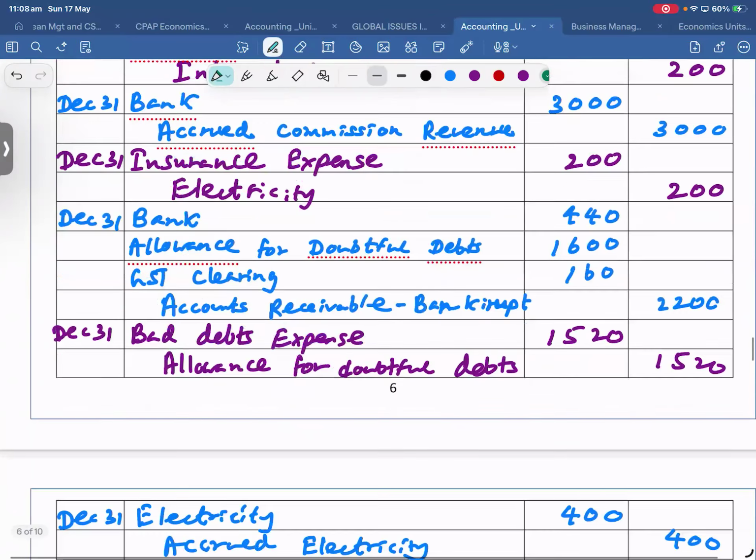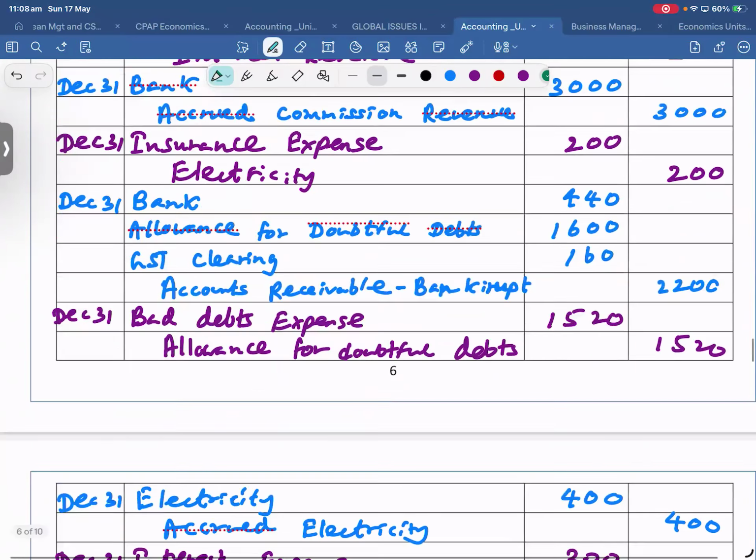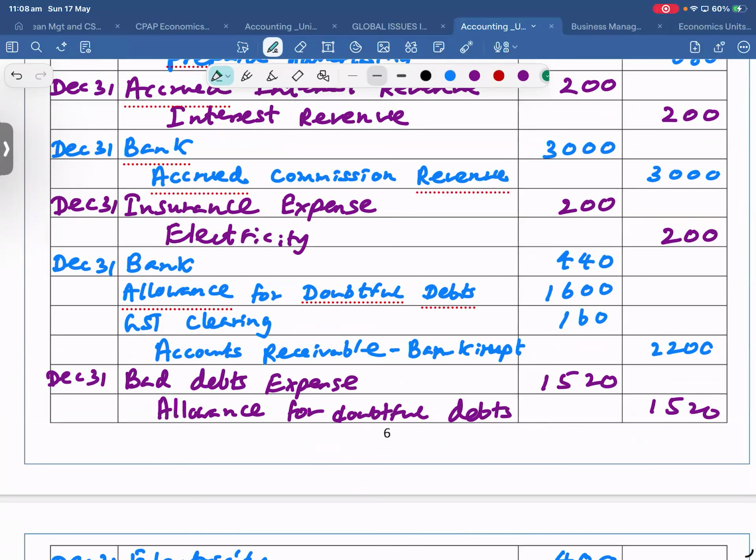Hold on, no. I haven't updated one thing. This bank I haven't updated. 440. I have missed it. Also, I have missed the GST, guys. Accounts receivable. Hmm?